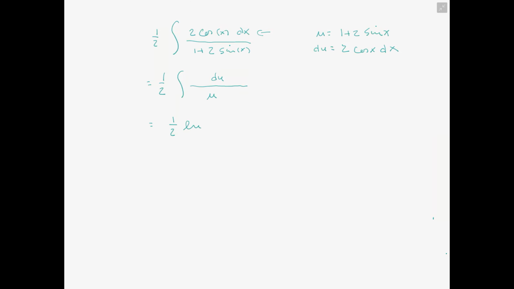Again, we have 1/2 the natural log of u, and that is equal to 1/2 the natural log of 1 plus 2 sine x plus c. Yeah, we can't forget the c. These are indefinite integrals, so we can't forget the constant.